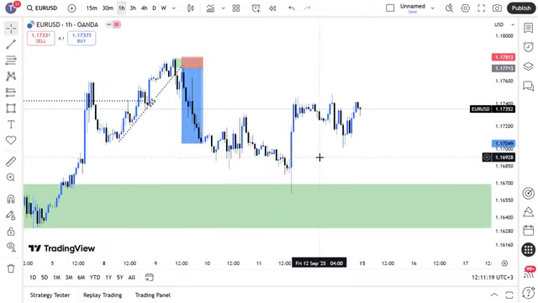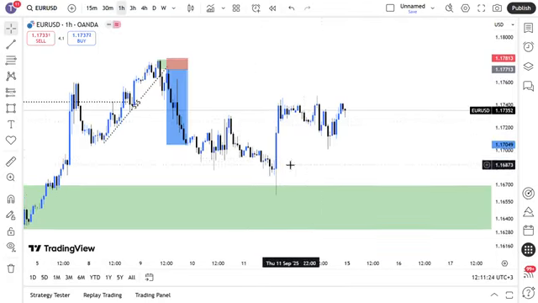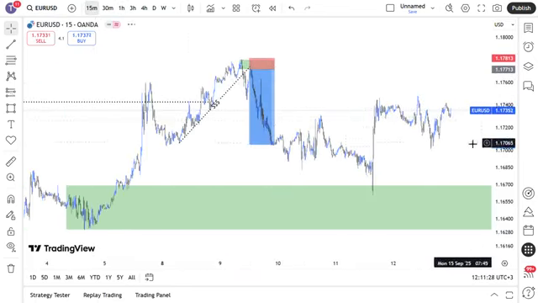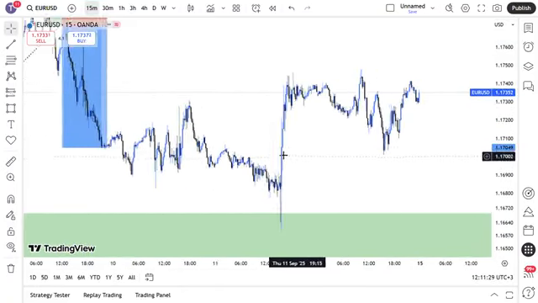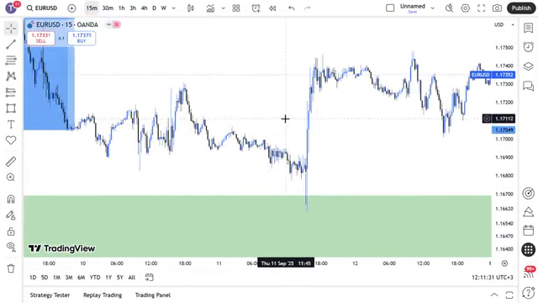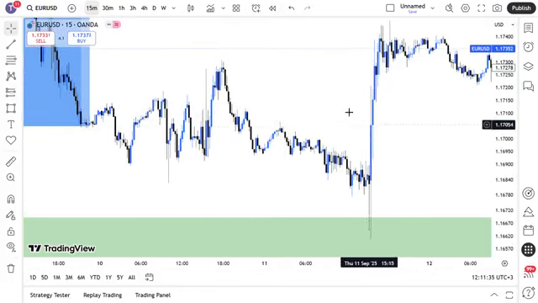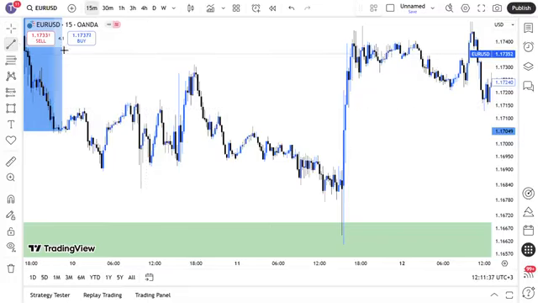Currently on the 1 hour time frame, what I can see here, I have a change of character. Sorry, let me go to the 15 minute time frame. There is a change of character that happened here after the CPI news was released. This is the change of character to the upside.